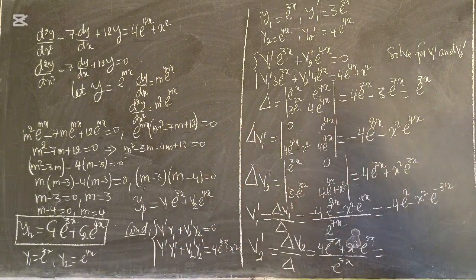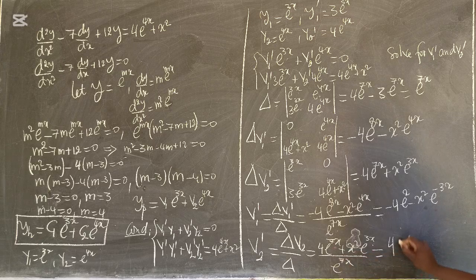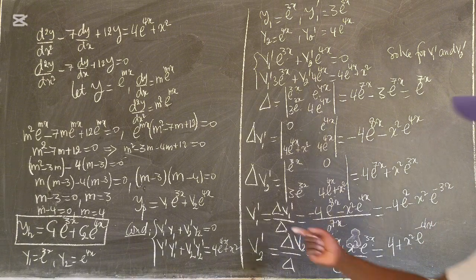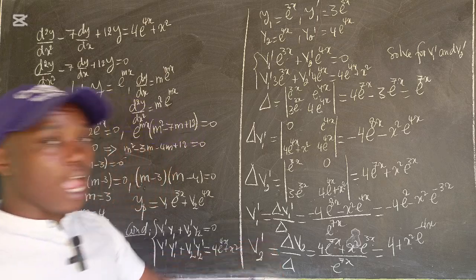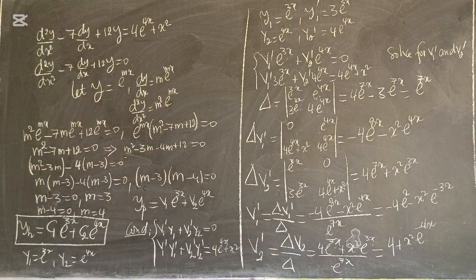This is equal to 4 times 1 plus x squared times exponential of minus 4x. Okay. As you know, when here is prime, this means we need to find the derivative.